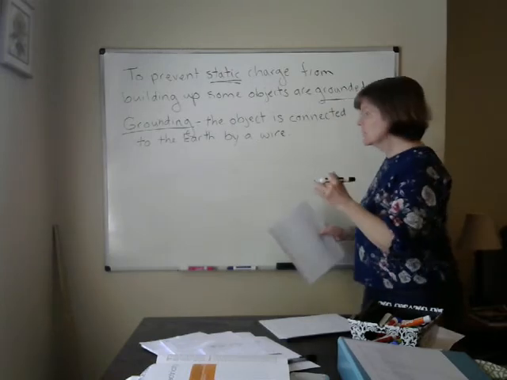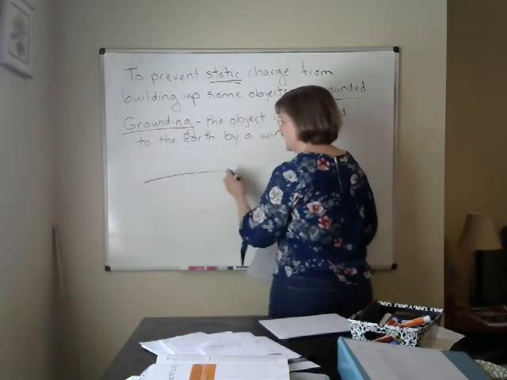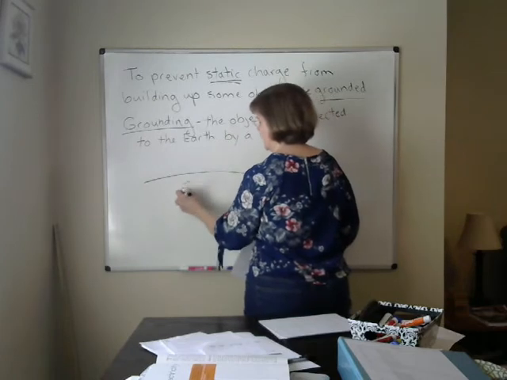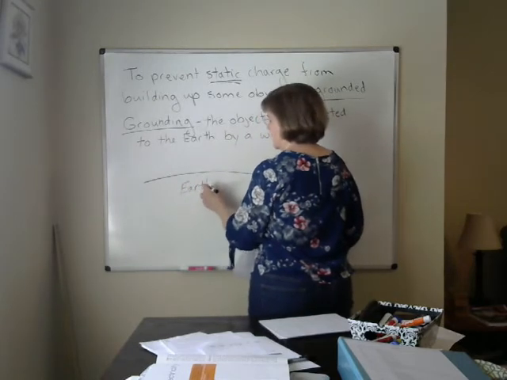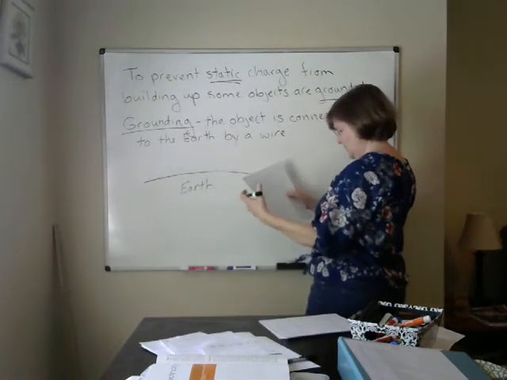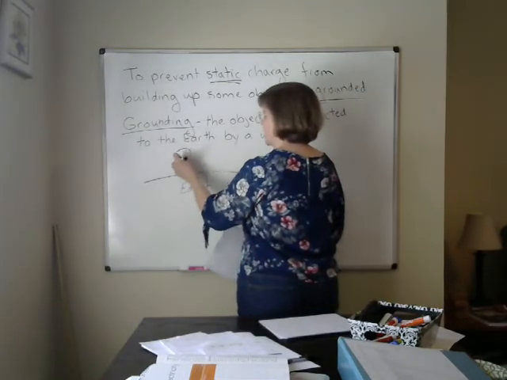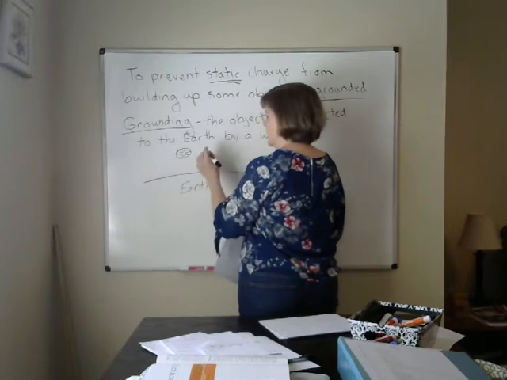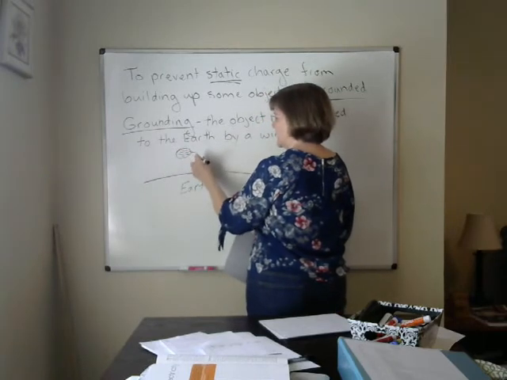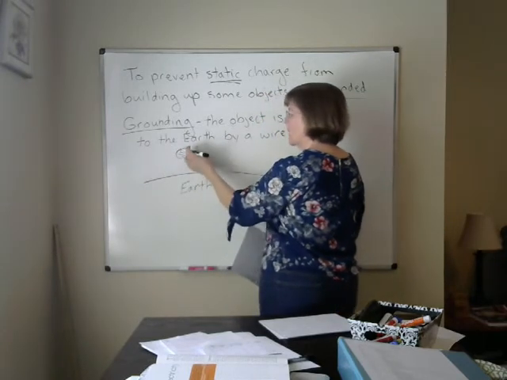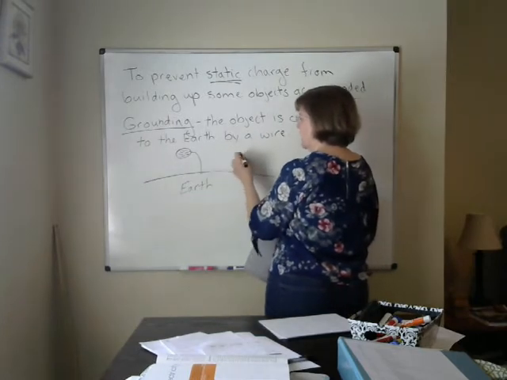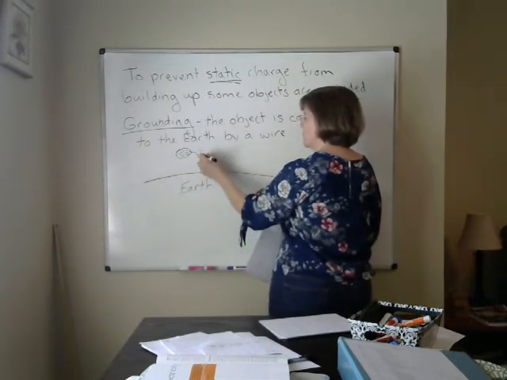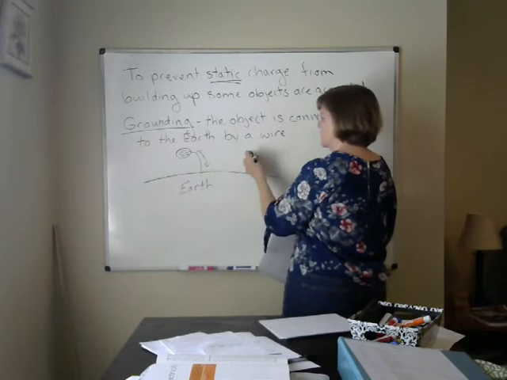So, literally what happens is if you have something, here's the earth. Remember, the earth can gain or lose lots and lots of electrons, and something up here has accumulated a bunch of extra electrons. All I have to do is connect it to the earth with a wire, or wires will conduct charge, and very quickly those charges will flow down into the earth.